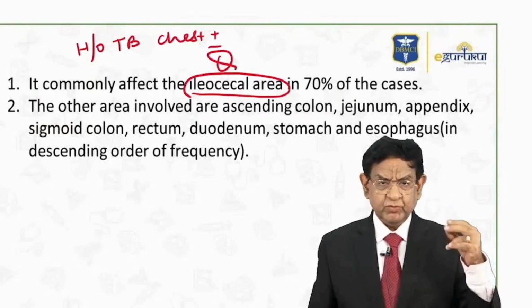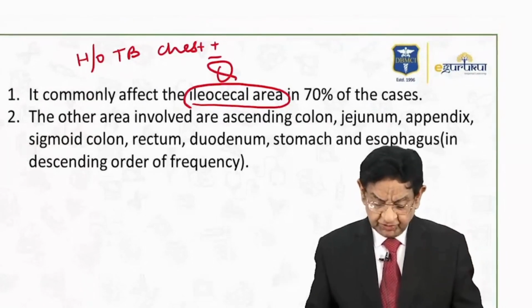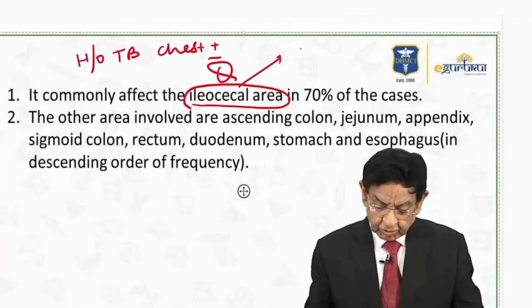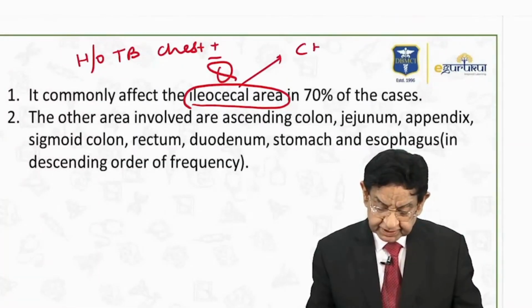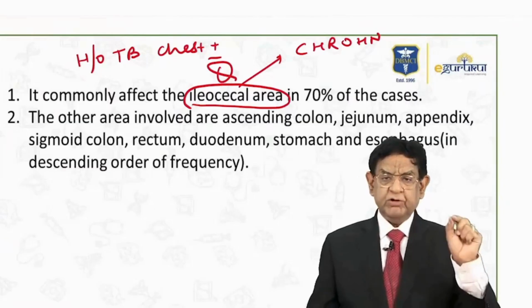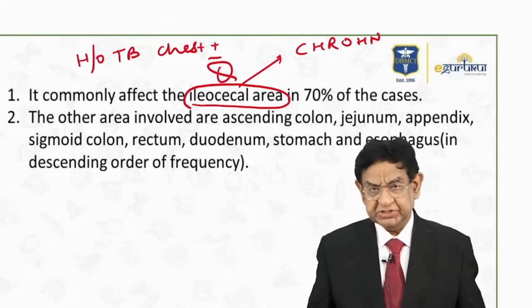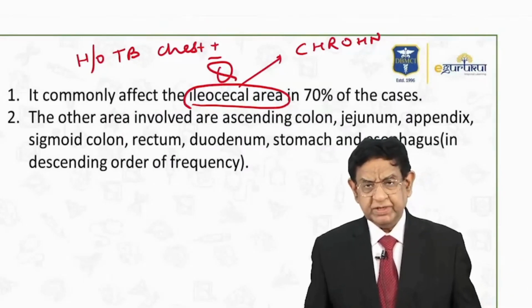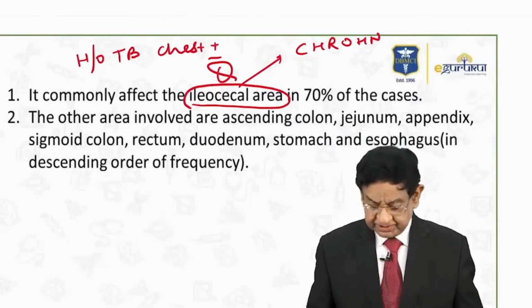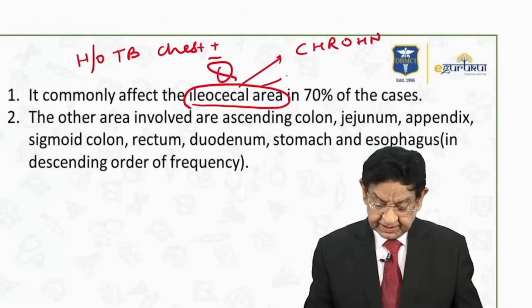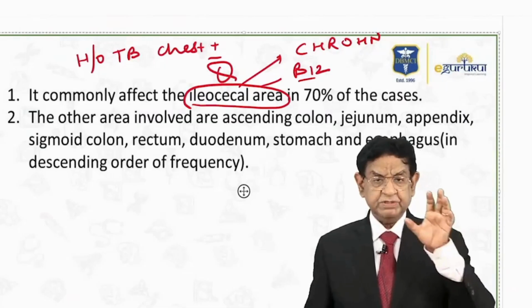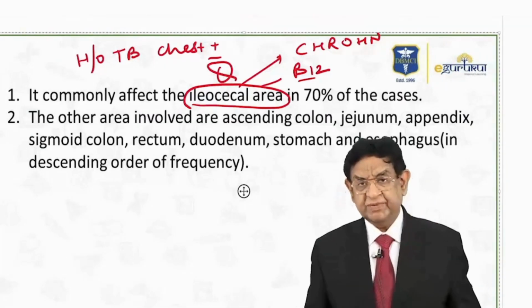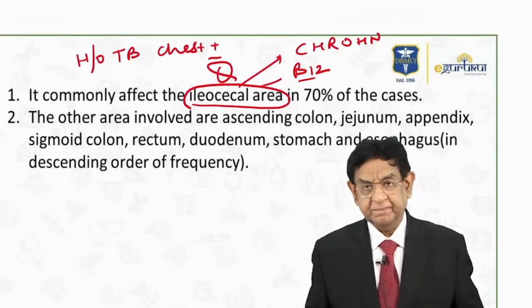There are two reasons why it is such a key word. First of all, Crohn's disease also involves the same ileocecal junction, and Crohn's disease is a very, very important differential diagnosis of this. And second, there is deficiency of B12, because the ileum is the site where B12 is absorbed.